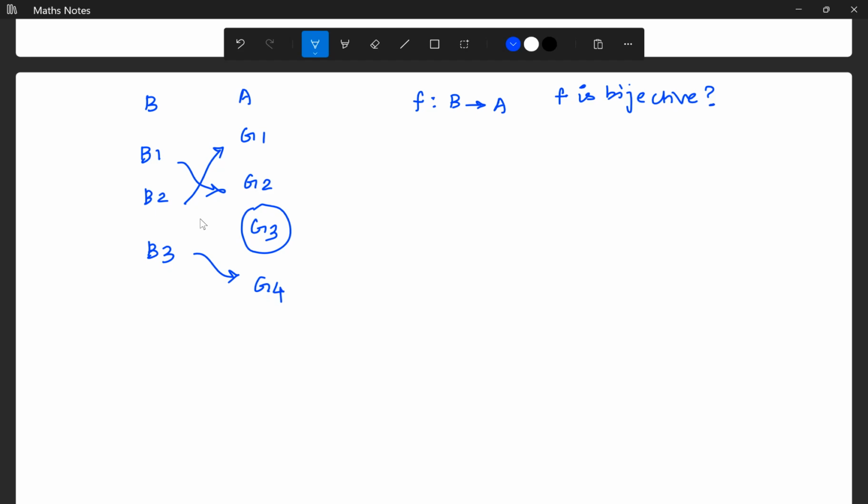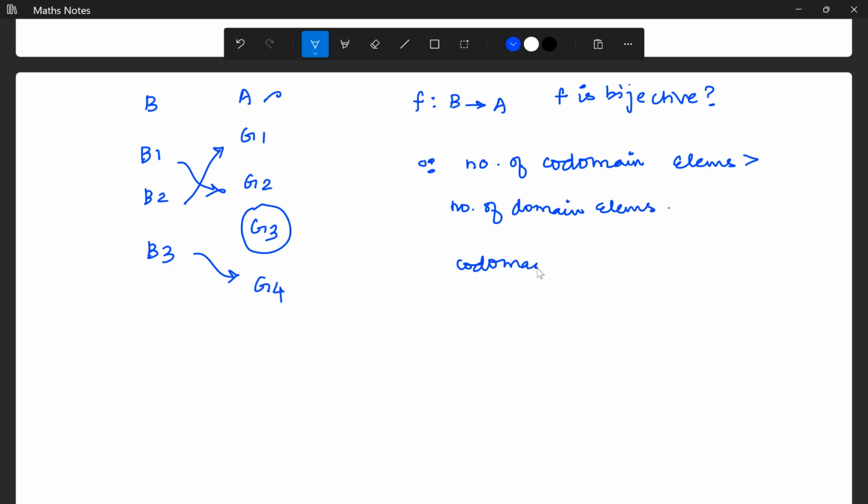This happens because there is one element extra in the codomain, which is set A, right? So you will write the reason as: since the number of codomain elements is more than the number of domain elements, we can say that the codomain is not equal to range, because the range is going to be one short of codomain, right?